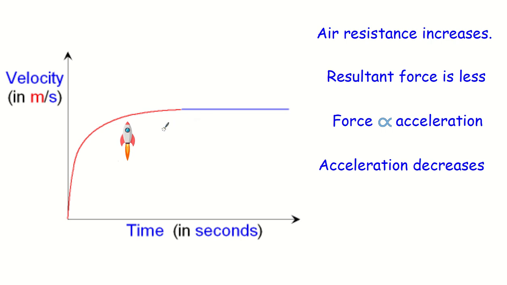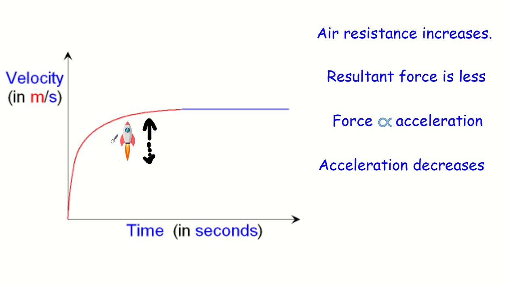So what's going to happen here? Air resistance increases, and so the resultant force is going to get less. We still have the same magnitude of upwards force as before, but now in the downwards direction we're also going to get a force because of air resistance, and so the resultant force is less.